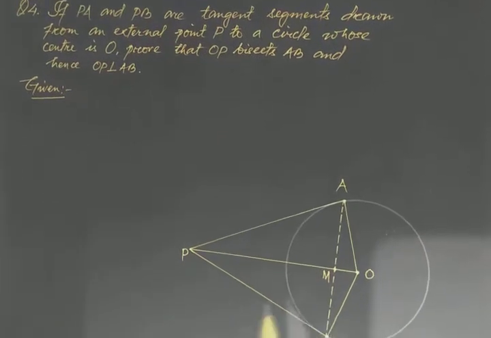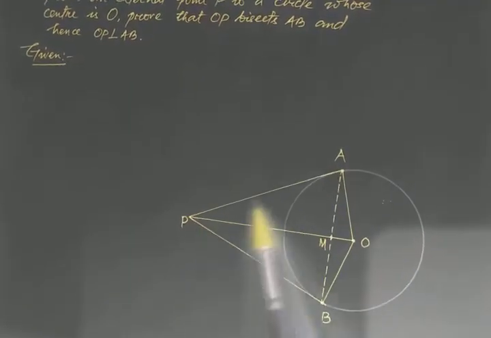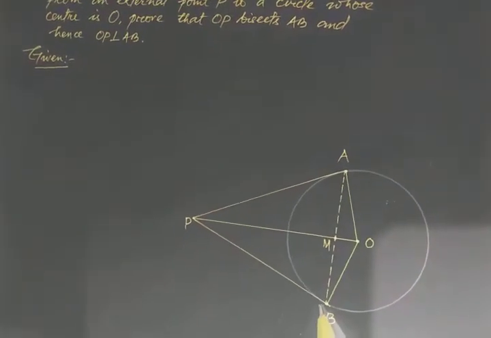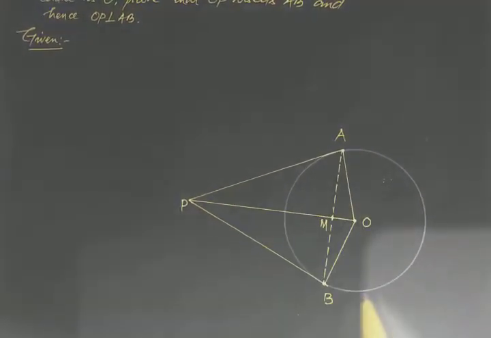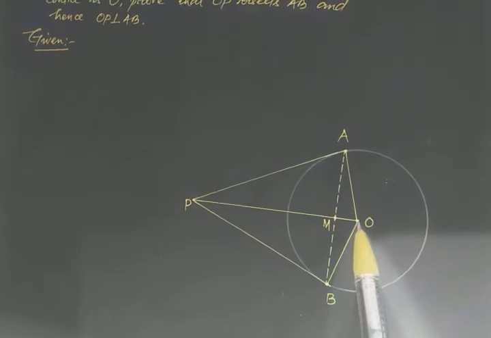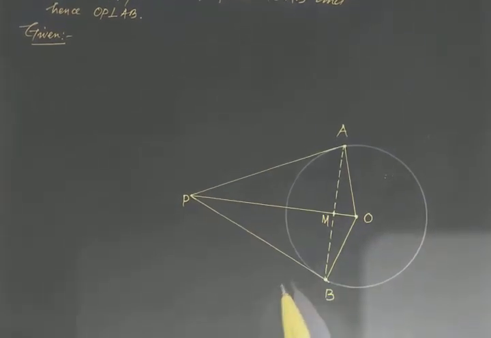So here in the figure we have PA and PB are two tangent segments from an exterior point P to a circle whose center is O. Let us write the given.